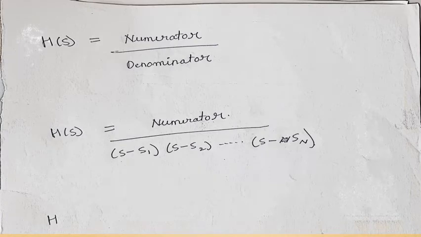As mentioned during the initial part of this numerical, we have to find the order of a filter, and after finding the order of a filter, we need to compute the transfer function h of s. Typically, a transfer function h of s consists of two terms.